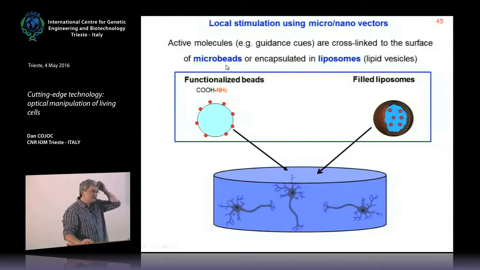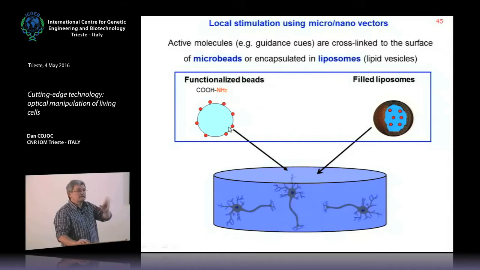I skip one very nice vector that I just mention in two words, biopolymer beads, in which you can encapsulate drugs and release them to create spatial and temporal gradients and to stimulate cells. I will speak here about microbeads and liposomes.